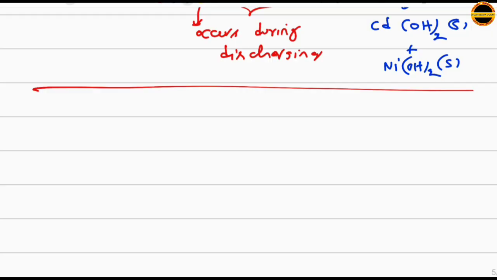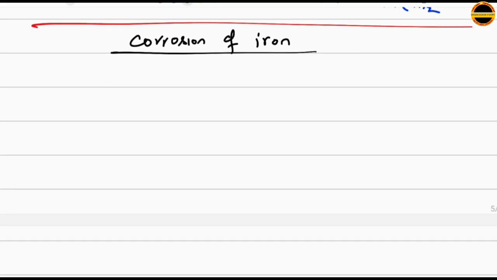Next, corrosion. Corrosion of iron is an electrochemical process. Rusting of iron: during this process, the anode is a piece of iron, whatever piece of iron is undergoing corrosion.